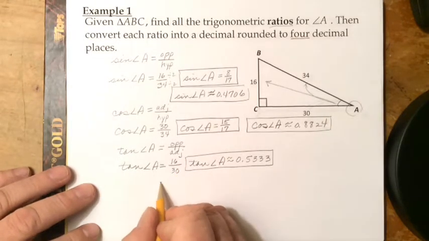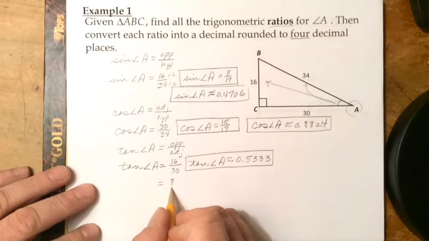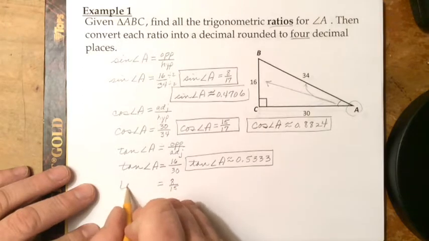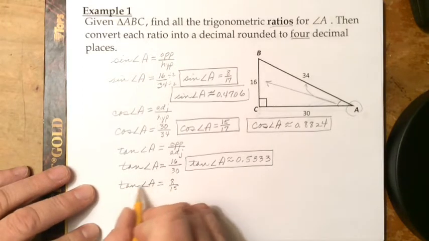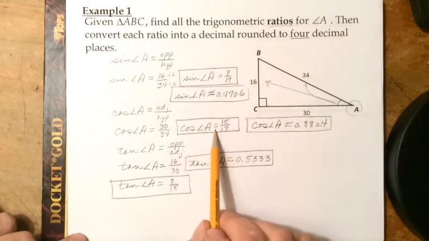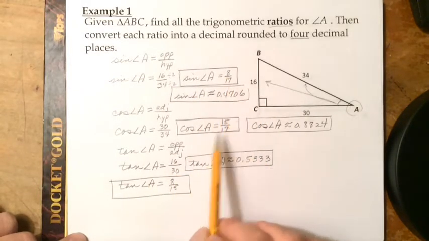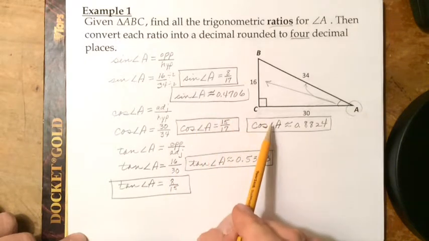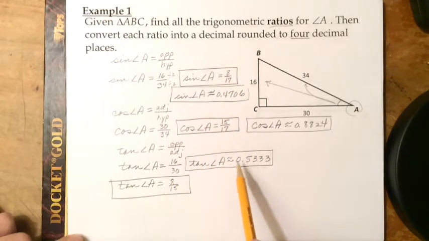And this reduced was 8/15. So we have all 3 trig ratios written as ratios, and then we have all 3 of those ratios written as decimals.